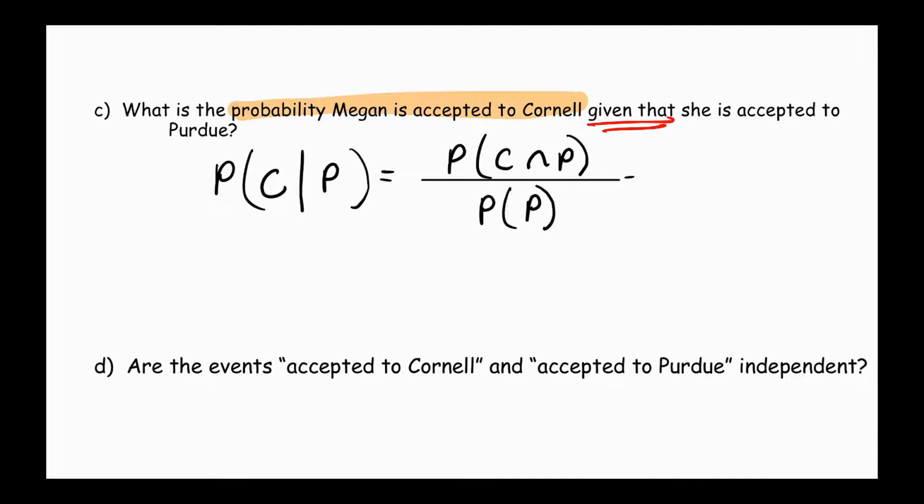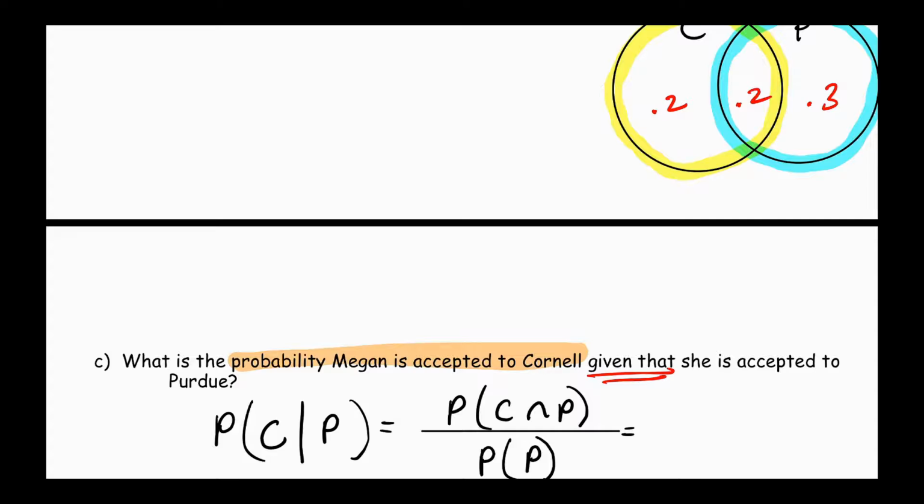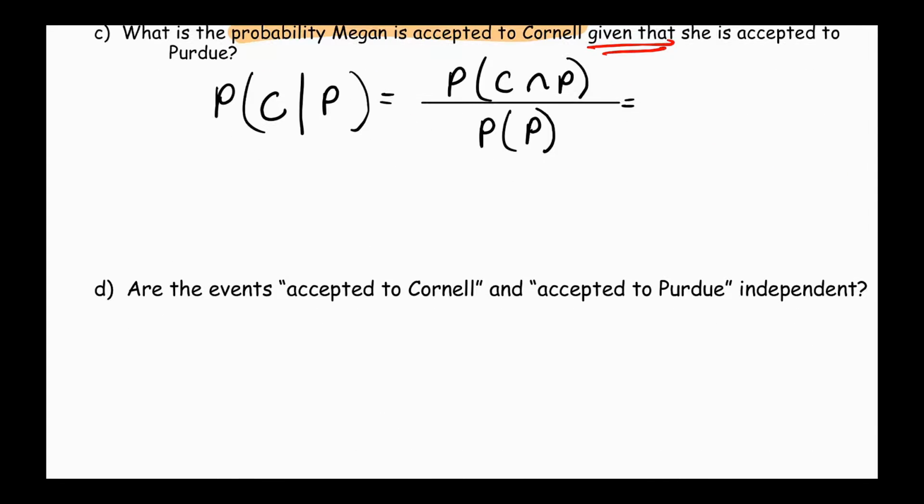Okay. Now we have to fill in with numbers. What's the probability of both happening? 0.2. It's the middle part. The middle part is 0.2. What's the probability of just Purdue?